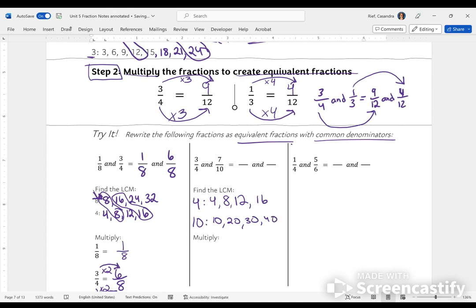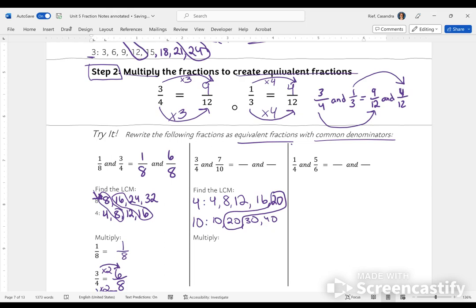Now looking at these, I can look for a common multiple. Oh no, I don't see one that they have in common. So when I don't see one they have in common, I can just keep listing multiples. Aha, there we go. They both have 20 in their list of multiples. That's a common multiple, and it's also the smallest one that they have.